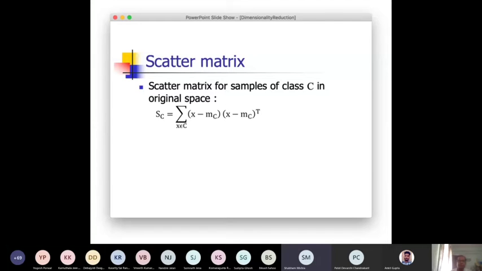Input vector and its mean. Right. x is the data point represented as an input vector, and MC is the mean of the set of input vectors belonging to that class. So what should be the dimension of this computation, like what should be the dimension of x minus MC?